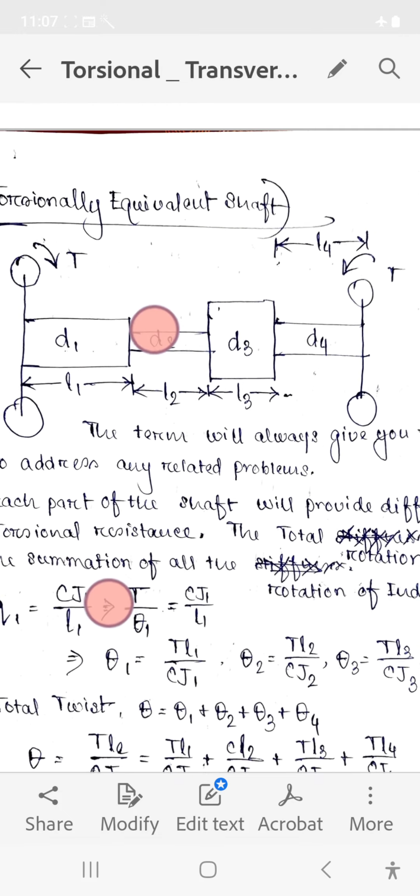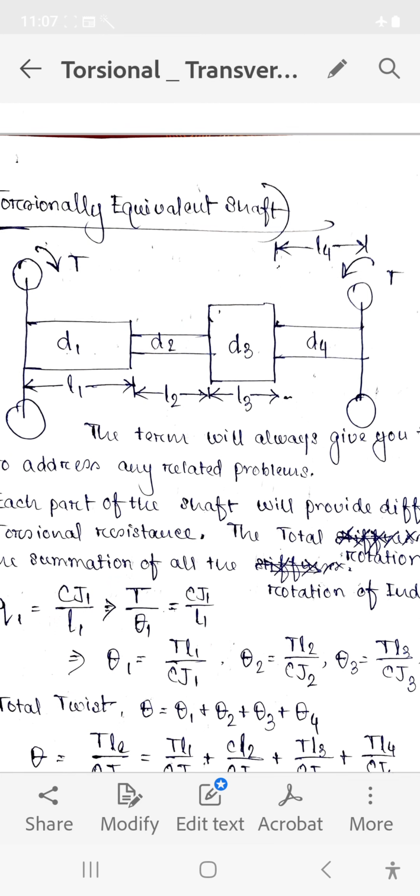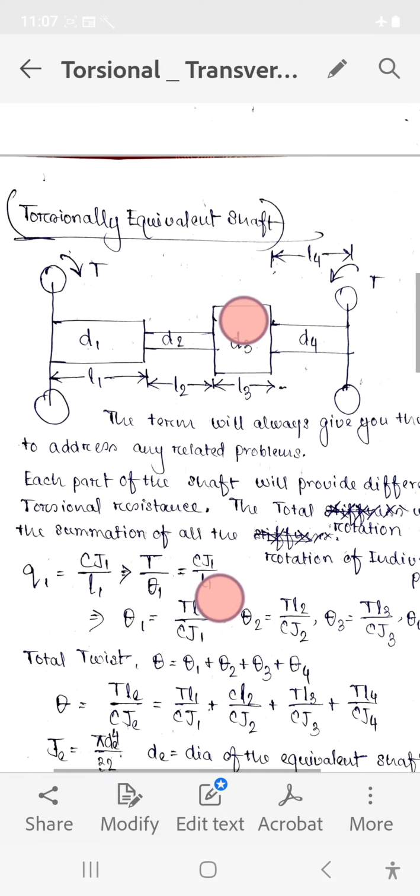It is a common trend that whenever we consider the equivalent shaft dia, any of the diameters will be throughout the length. In this case, let us assume that in the equivalent shaft the dia will be D1 throughout its length. Unlike here where D2, D3 and D4 have appeared, I want it to be D1 throughout, whatever length it will have. That length we are going to find.